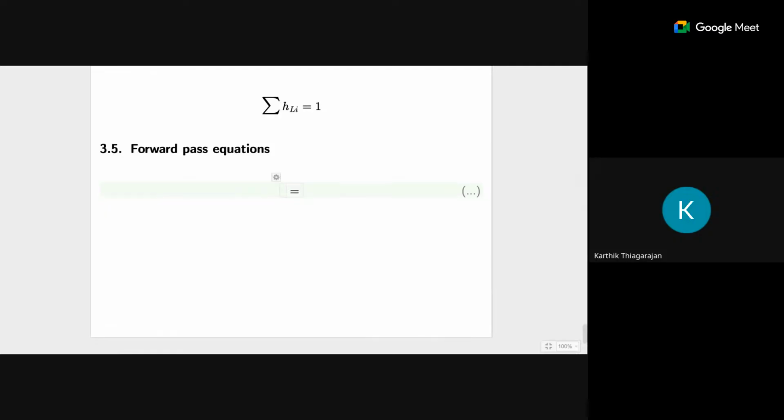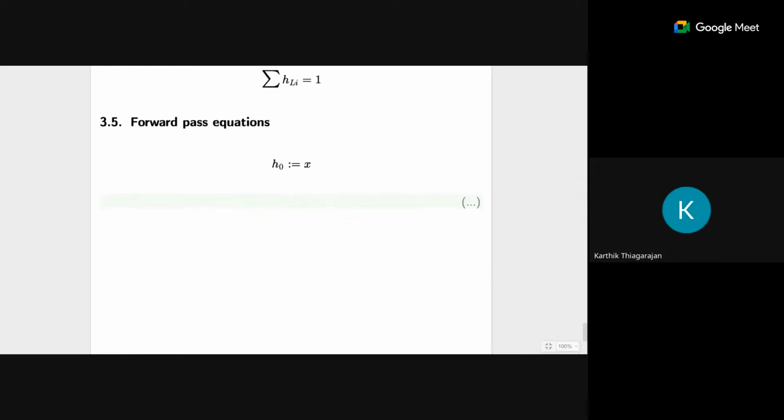So now we can summarize the whole thing. We can write the forward pass equations. So what are they? First step, you set h_0 to be X. This colon equal to means I am assigning h_0 as X. Then it's actually a for loop.